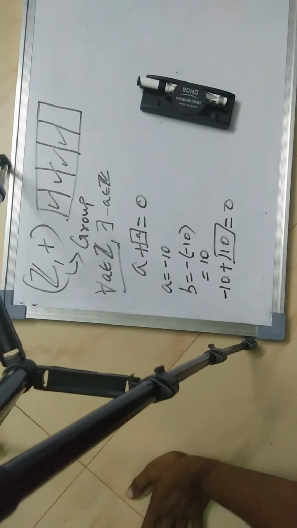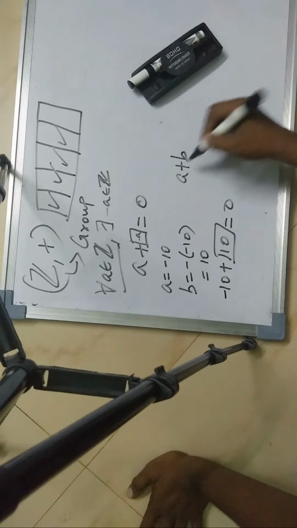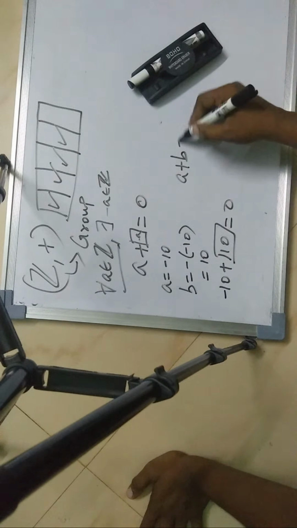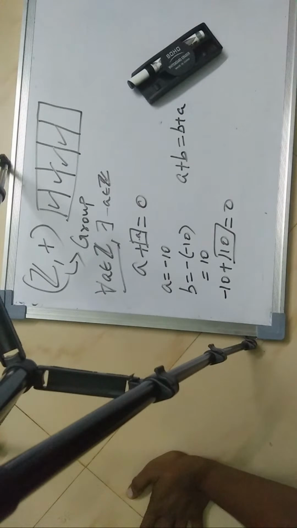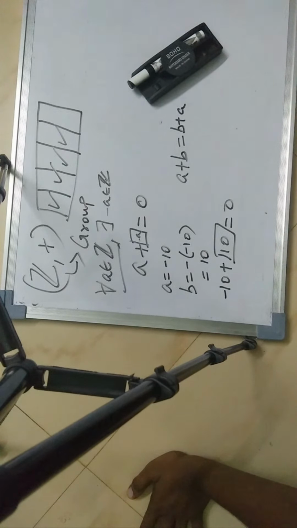So let us check whether addition satisfies the commutativity axiom, so that you can call it an abelian group. Whenever you add any two numbers, and this is not just in integers, under usual addition, a plus b is always going to be equal to b plus a, for any a and b chosen from any subset of real numbers.